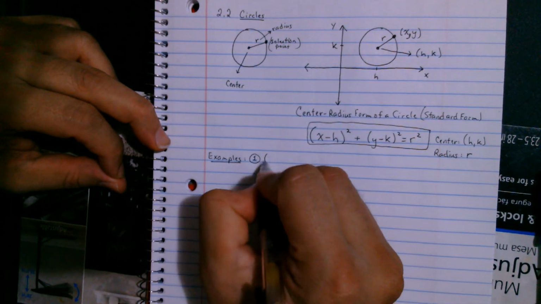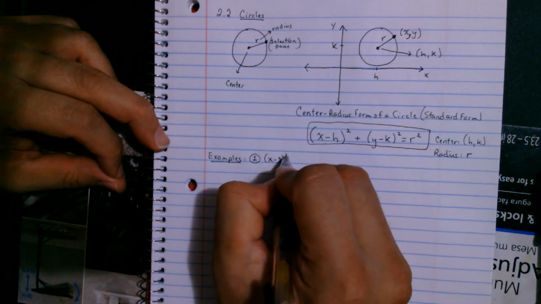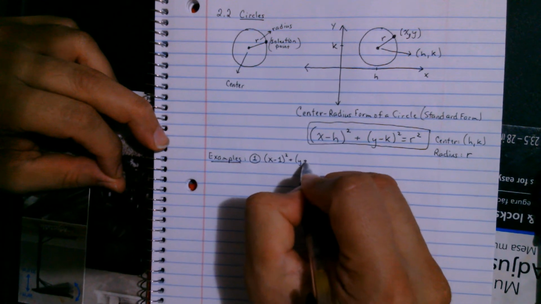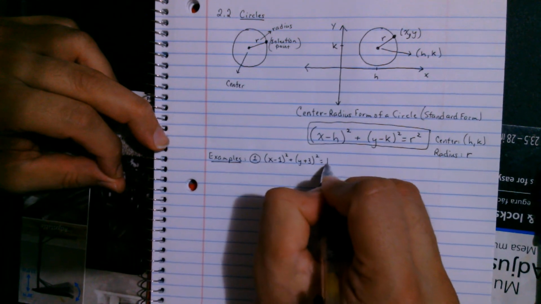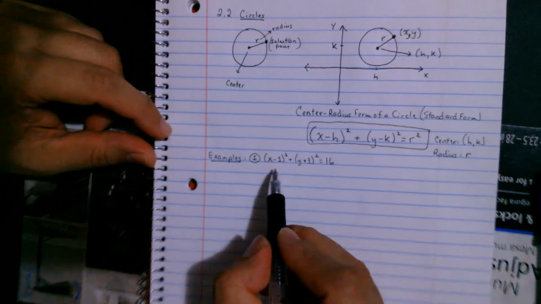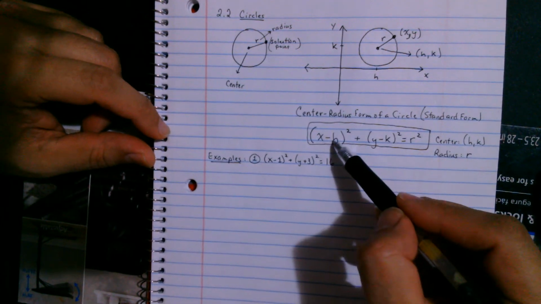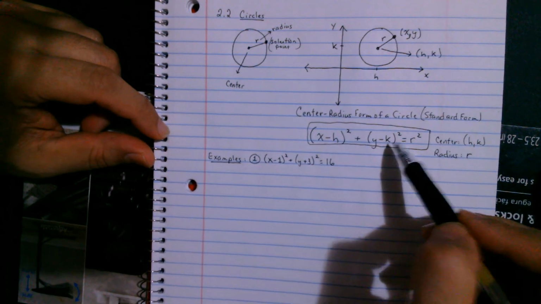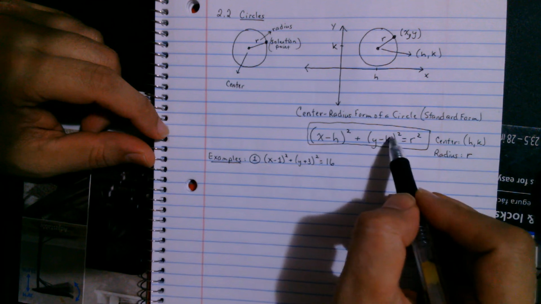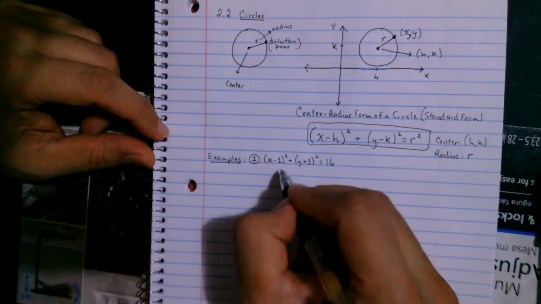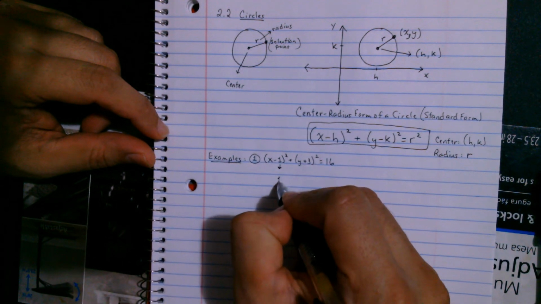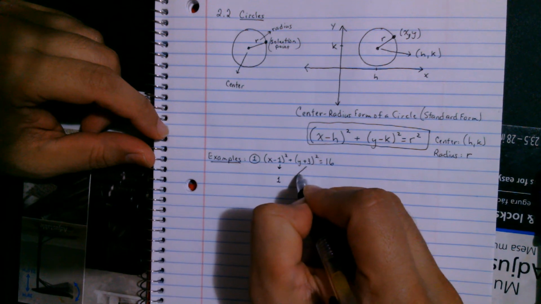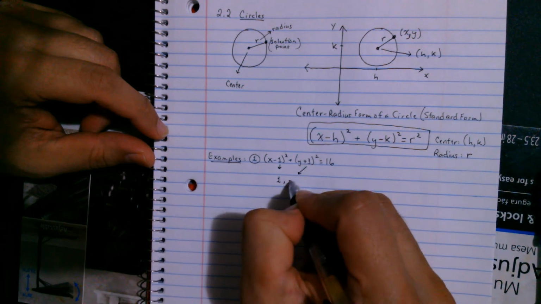So a couple of examples. If you have (x minus 1) squared plus (y plus 3) squared equals 16, the formula is minus h and minus k, so the values that go in the formula are the opposite signs. Here we take positive 1, and notice it's plus 3, so we take negative 3.